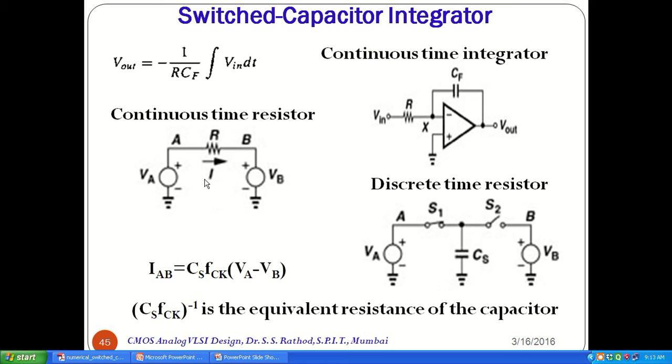If you compare it with the continuous time resistor, we can say that the equivalent resistance for this network is 1 upon CS FCK. That means by changing the clock frequency, that is the switching frequency of the switch, we can get a variable resistor.